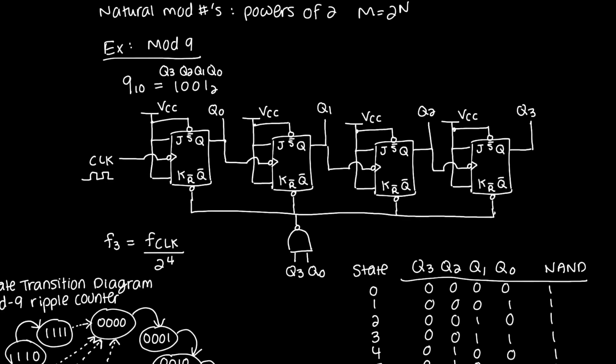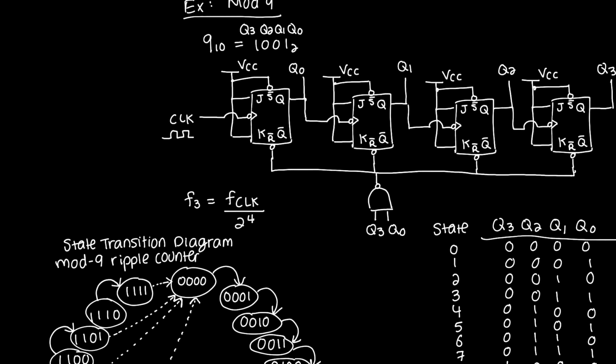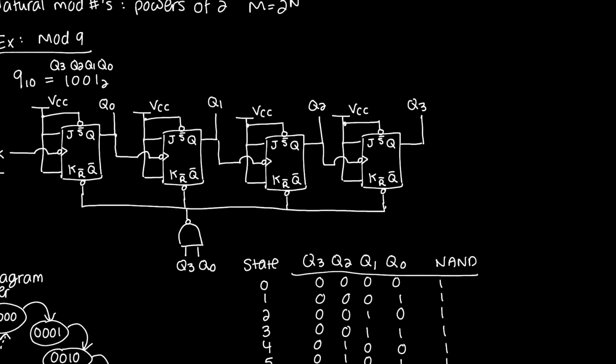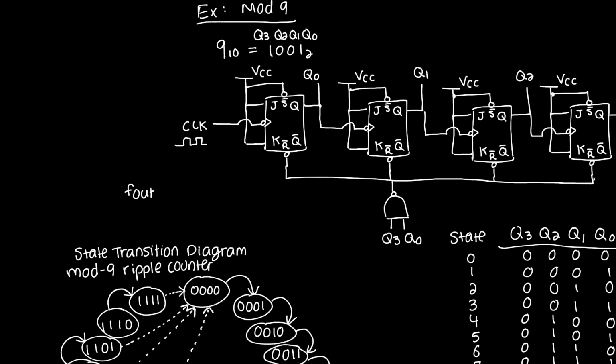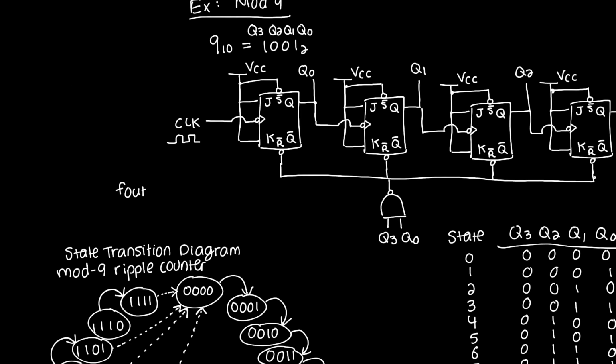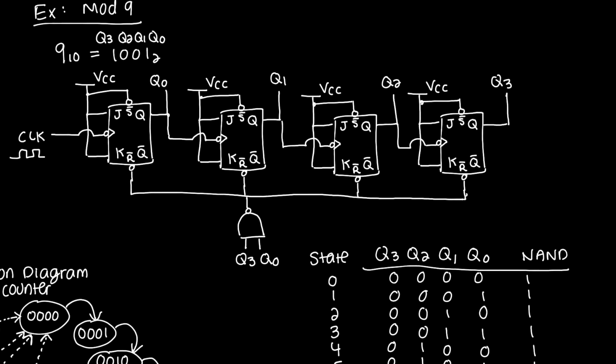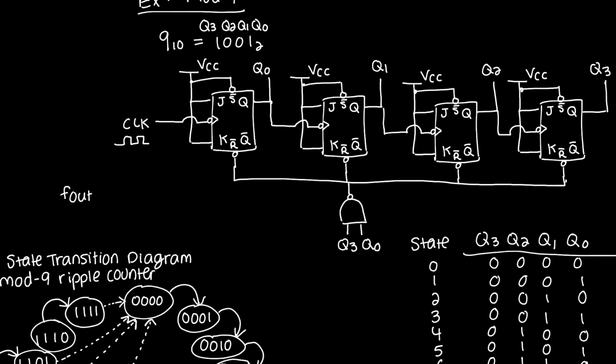So let's write our new formula over here. So I'm going to erase this one over here. And I'm going to say that in general, the output frequency, and by output frequency, I mean the frequency of the last flip-flop, so the Q output of the last flip-flop, so that would be this guy over here, just to be clear.